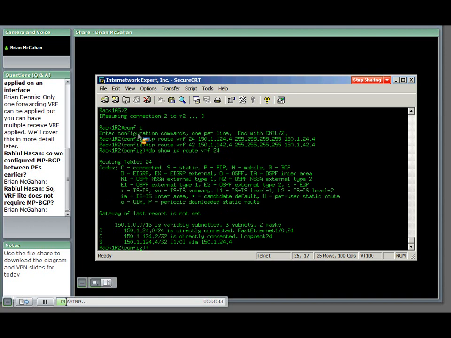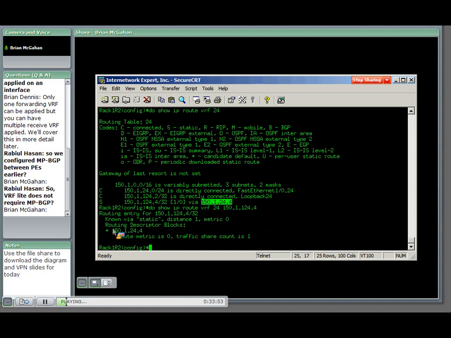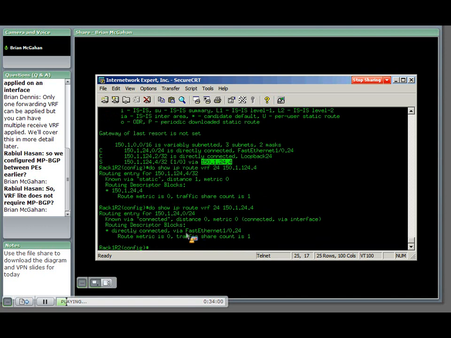We see we have those two connected interfaces plus a static route that says to reach router 4's loopback, use 150.1.24.4. Now, if we do the route recursion process, if we say show IP route VRF40 or VRF24, 150.1.124.4, it says it's reachable via 150.1.24.4, which is directly connected out FastEthernet 1/0.24.